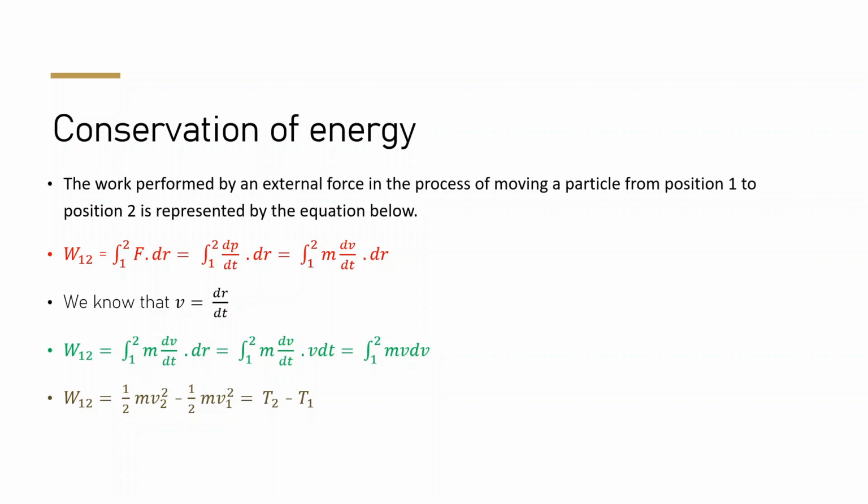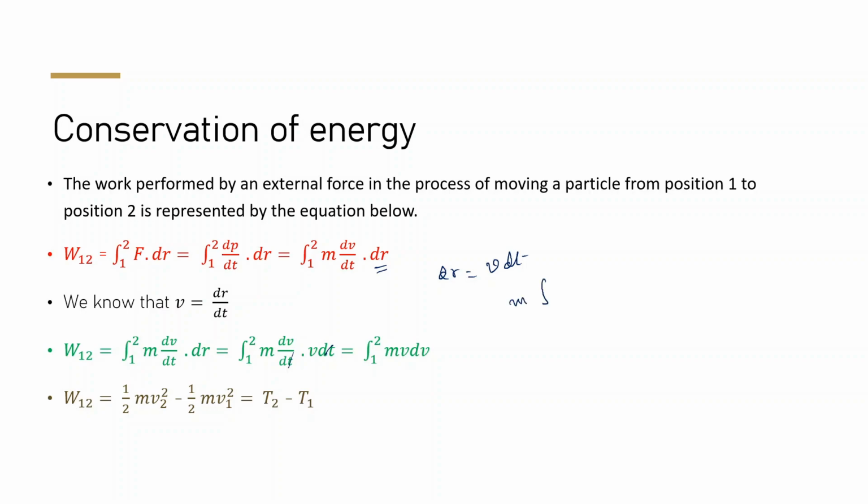Then p should be replaced by m into v. So W12 equal to integral m into dv by dt dot dr. We know that velocity v equal to dr by dt. Therefore, dr equal to v into dt. Now, instead of this dr, we have to put v into dt. Then cancel these two dt. We can get m v dv.